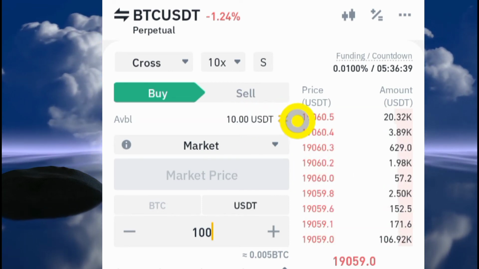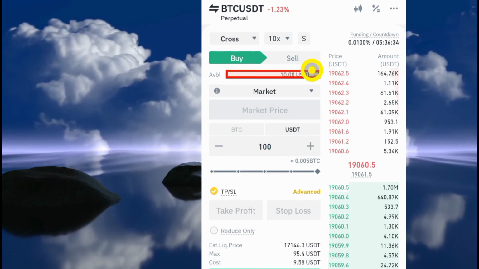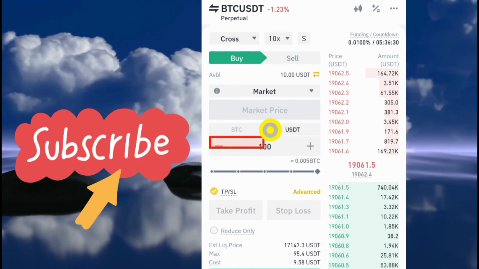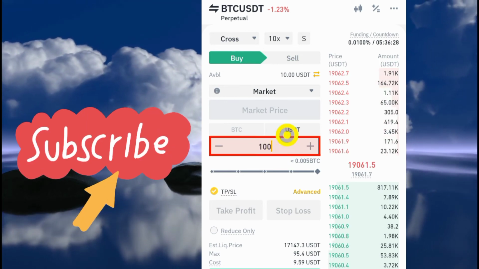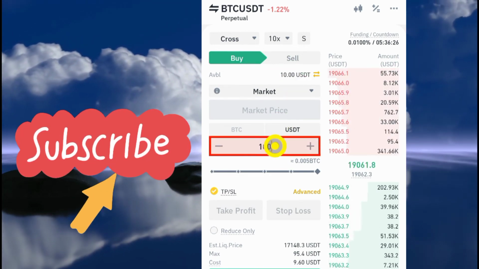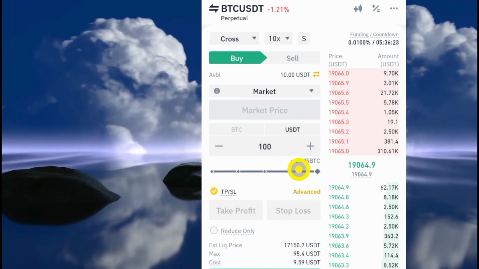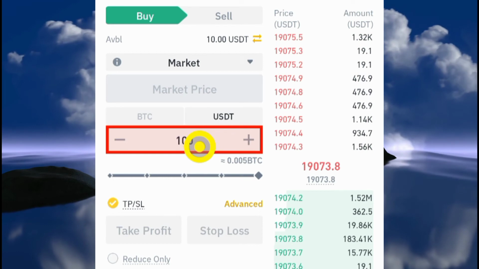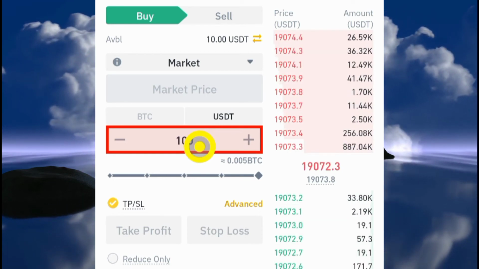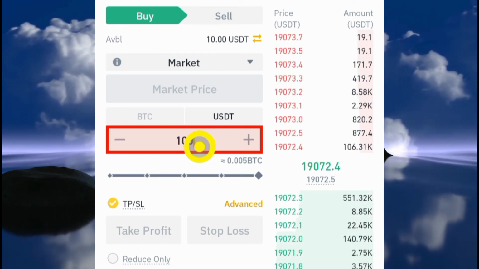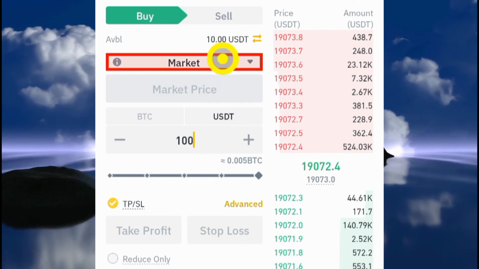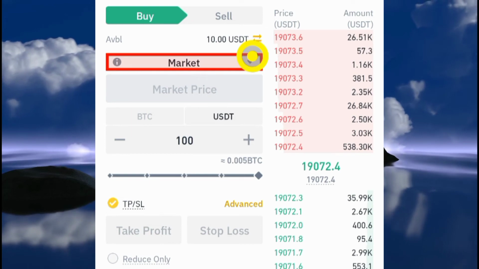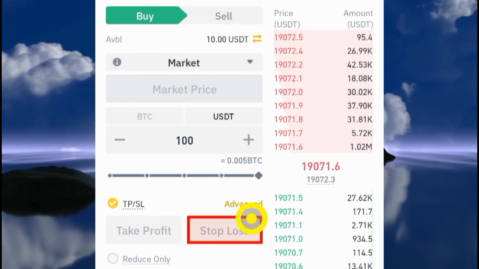So you might say, what's the benefit of doing this? Well, if I am using 10x, that means my $10 becomes $100, so I can buy BTC worth 0.05 here. If I make 20% on this 100 USDT, that would mean $20, and $20 added to this 10 USDT would mean I have 30 USDT when I close the position.